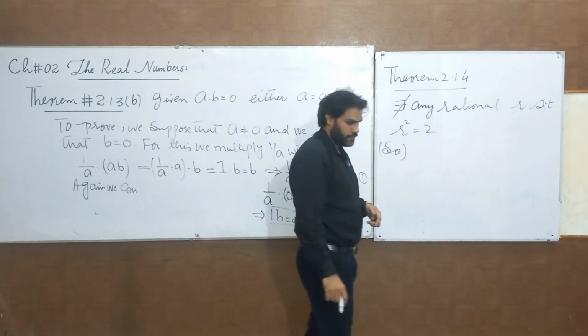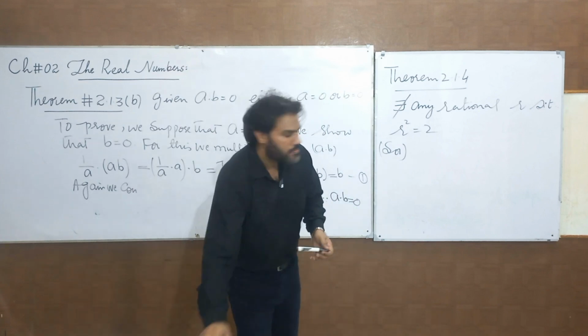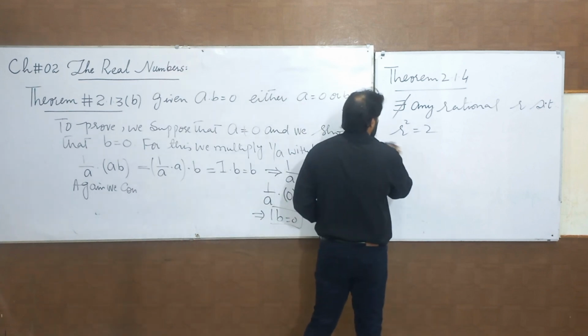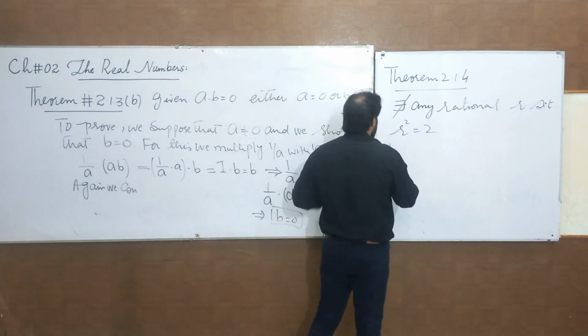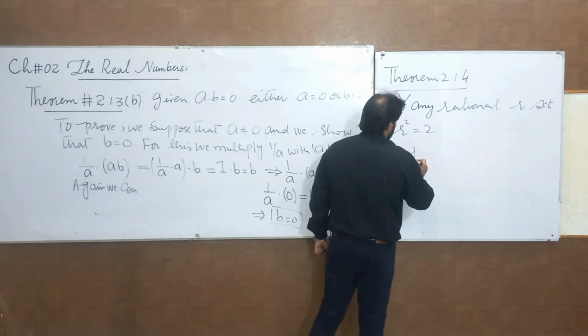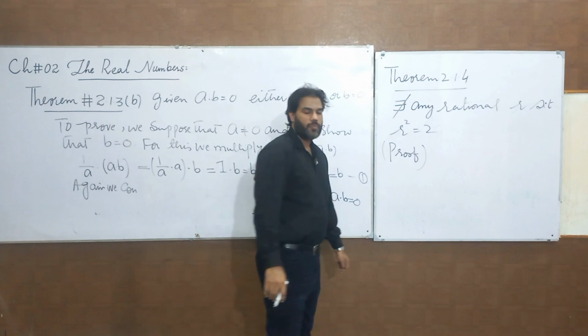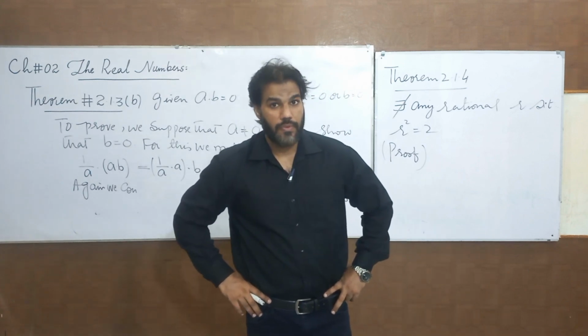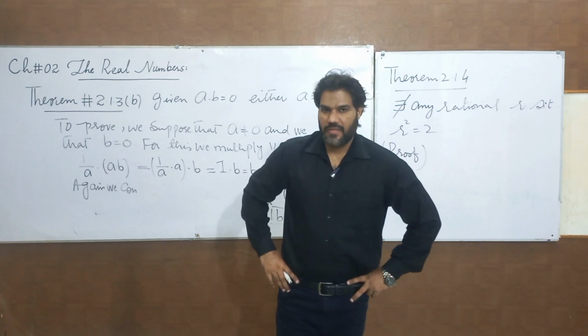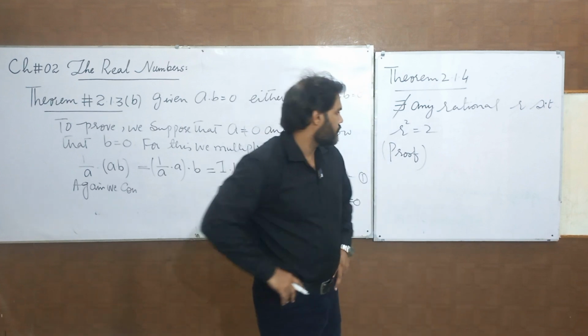Proof. We suppose on the contrary that there exists a rational number r whose square is 2.